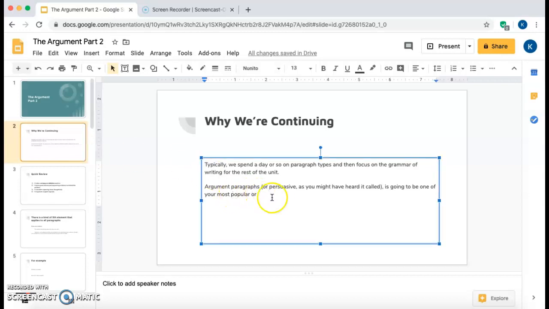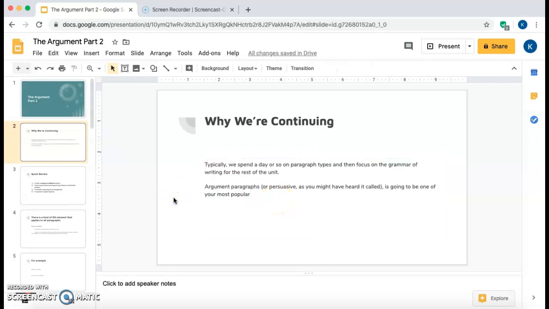So we're going to continue writing our argument papers. Now, sometimes you might hear them called persuasive papers. An argument paragraph or a persuasive paragraph or an argument paper and a persuasive paper is the exact same thing.